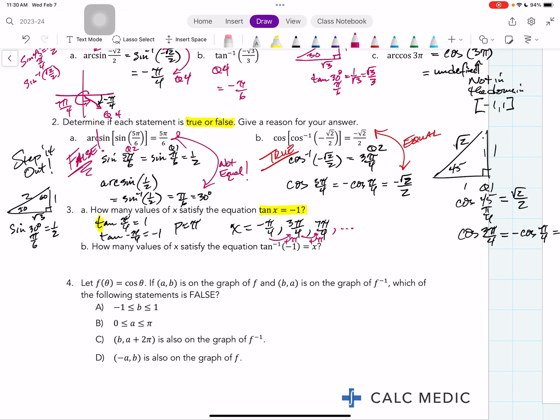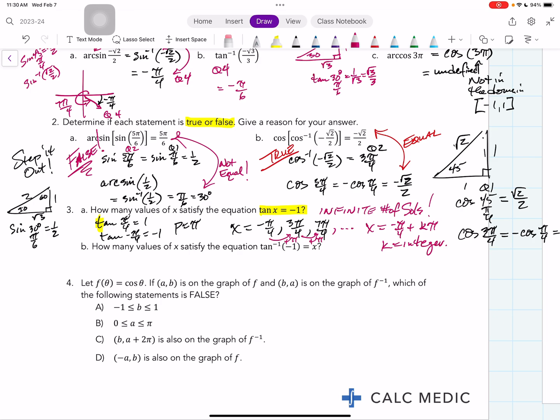And if you want to write it in a nice, concise way, x is equal to negative pi fourths plus k pi, which represents multiples of the period, where k is some integer. I talked to you guys about that in class as well. Okay, there's an infinite number of solutions.